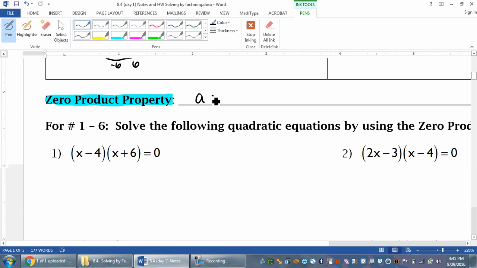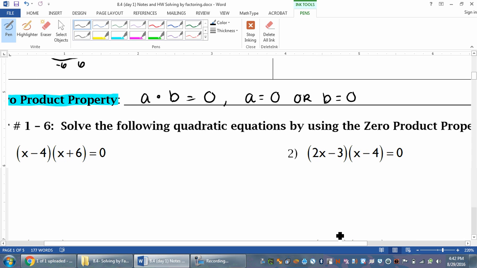So if A times B is equal to 0, well, what do we know about A and B? We know either A is equal to 0 or B is equal to 0. Could both of them equal 0? Yes, because 0 times 0 is still 0. Or A and B are both equal to 0. That's the zero product property.